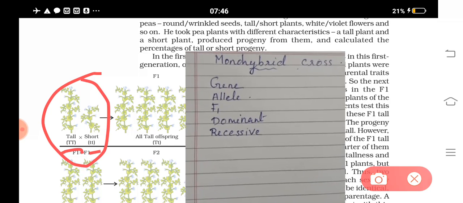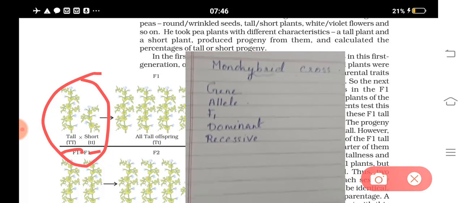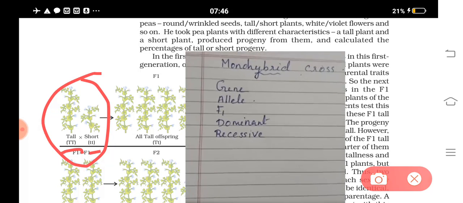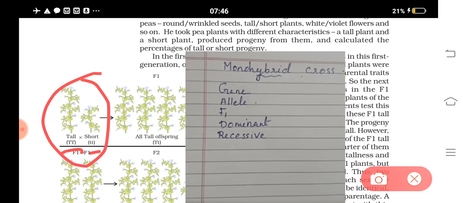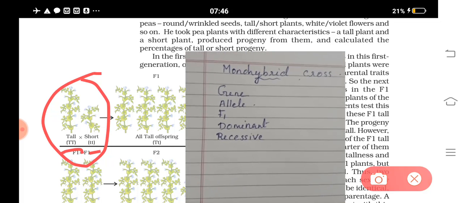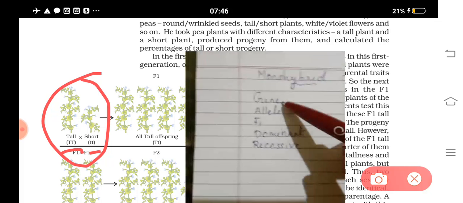Then if the shape of the seed is the character, it will have two alternative traits, the wrinkled and the round. That is, if only one character with two alternative traits is taken for the studies, then it is a monohybrid cross.